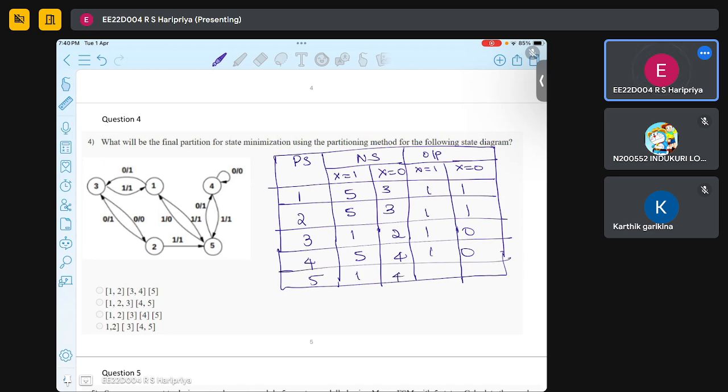1, 4, 0. So based on the output, we will have 3 different groups. Now we have to check for 1 and 2. 3 and 4 also. So 3, 4. What will be the next step? Based on 0 and 1, 3 will go to 1 and 4 will go to 5.